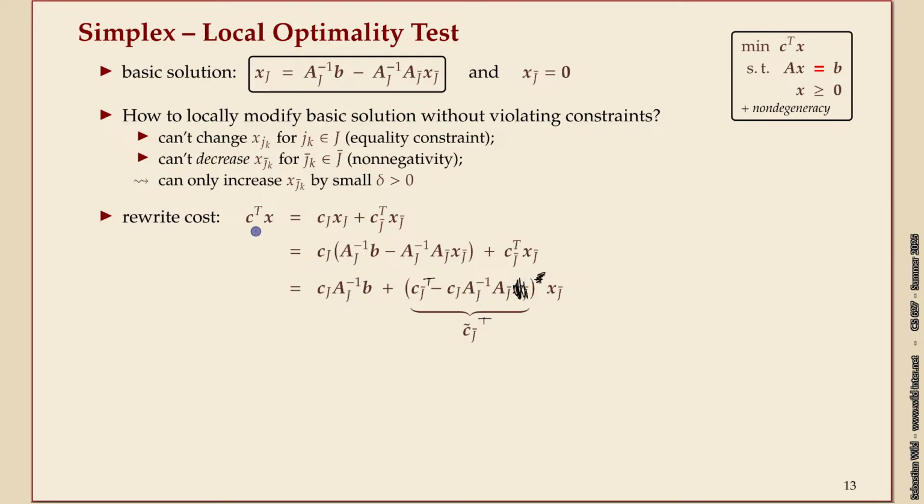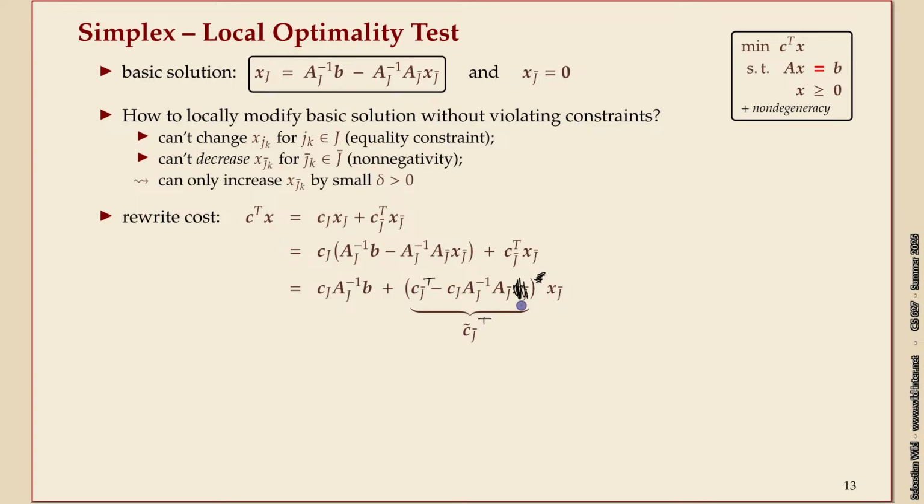The overall objective function can be written as some constant plus some terms that depend only on the non-base variables. And these are the ones you're trying to modify. In particular, we try to slightly increase one of those and see what that does to the objective value. If the coefficient of some variable here is negative, then by increasing it, since we minimize, I'm making the objective function better.